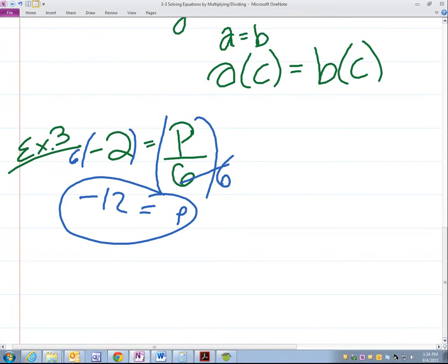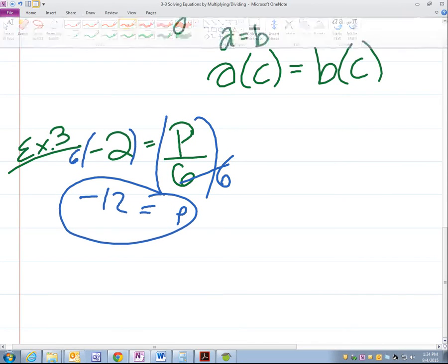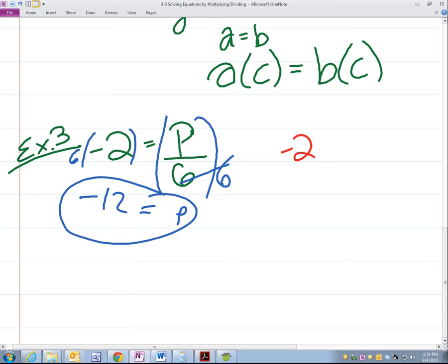So yeah, negative 12 is P. That is correct. Now, if you wanted to check yourself so there's no wreckage, let's plug that back in. So I have negative 2 is equal to, we just found that P is negative 12 over 6. Is negative 2 equal to negative 2? Yeah. I hope so, right?